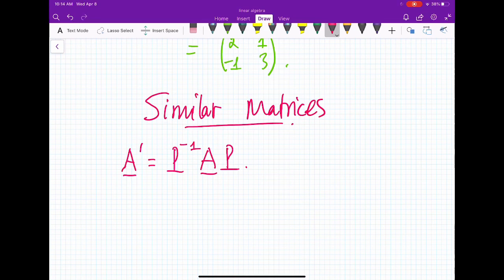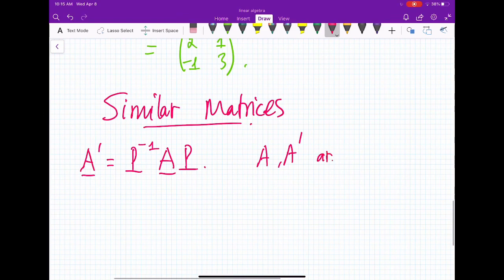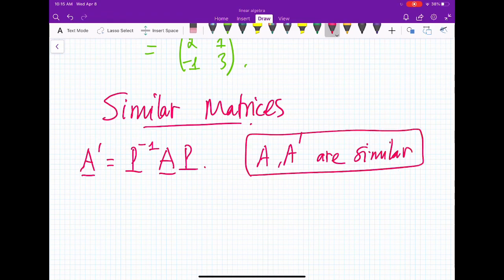Such matrices A and A prime are said to be similar. So basically, similar matrices are matrices of the same linear transformation in different bases.